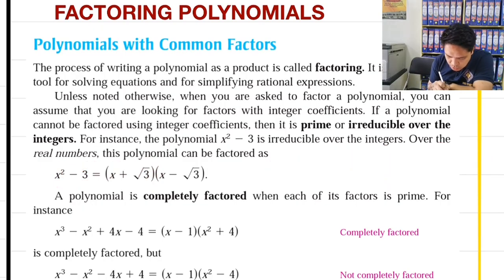The resulting factor contains a non-integer constant, the square root of 3, positive and negative. It's no longer an integer.